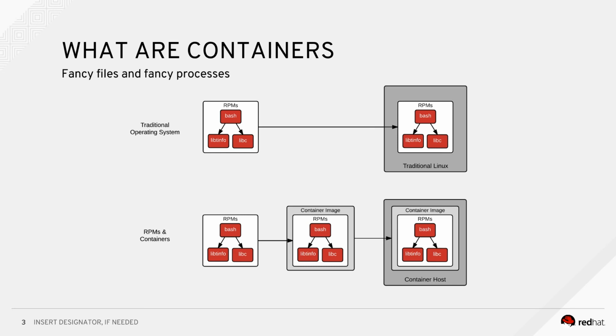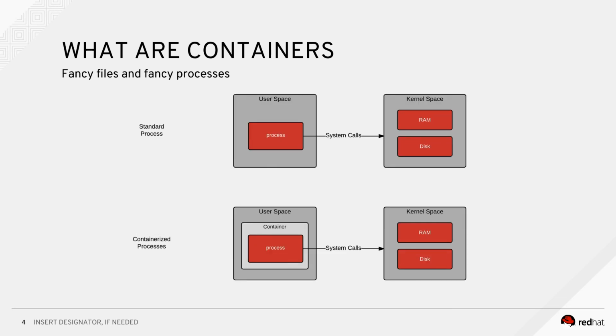But you'll see that the application, all of its dependencies and everything are bundled statically in that container image. And so now you can move that container image around as the unit, as opposed to just RPMs or full virtual machines. So it's a nice grouping of applications and their dependencies that make containers really convenient. But when they're running, I call them fancy processes.